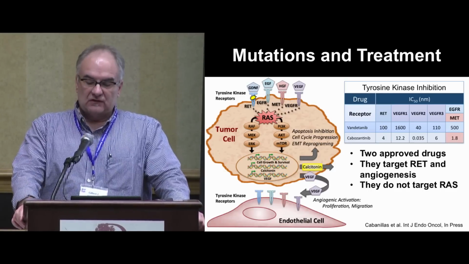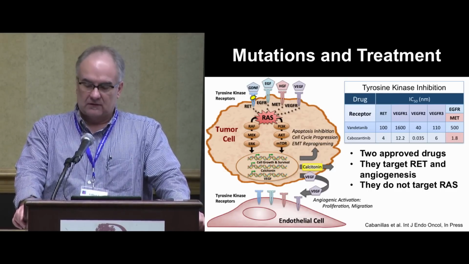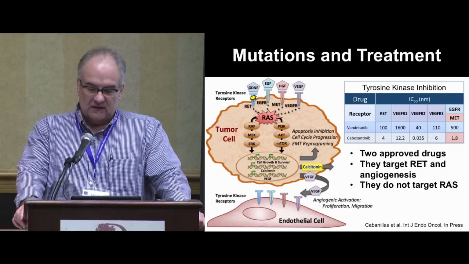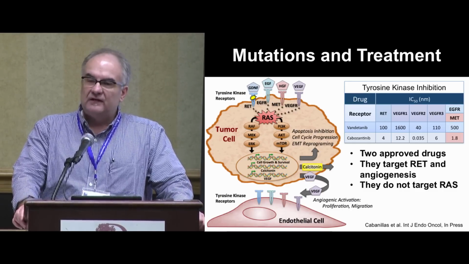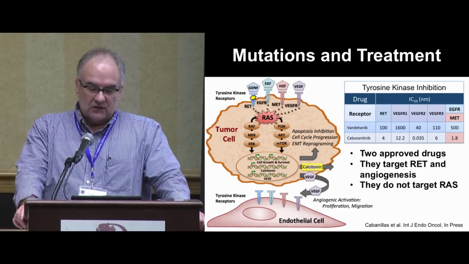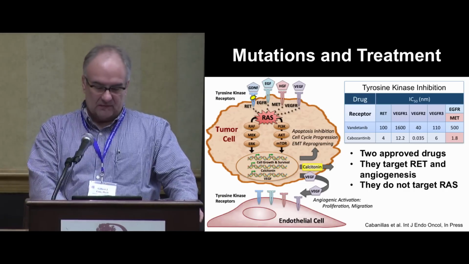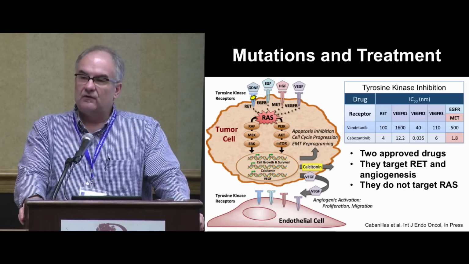So, mutations and treatments. There are currently 2 approved drugs that target RET. I've listed them here as vandetanib and cabozantinib. They're also known as Caprelsa and Cometriq. And what they do is that they target RET, this receptor up here at the top, but they actually also target other receptors.